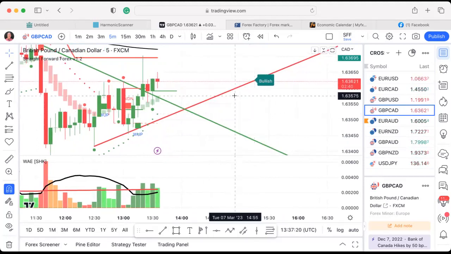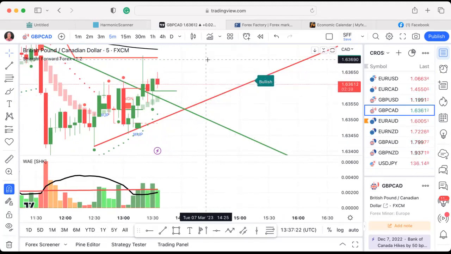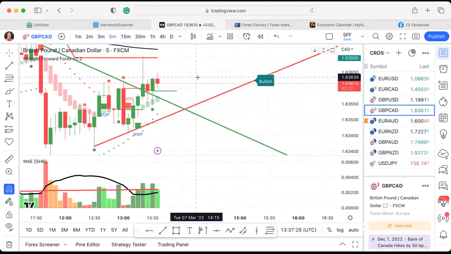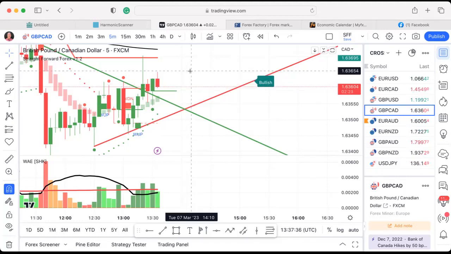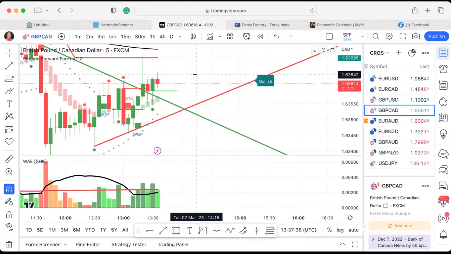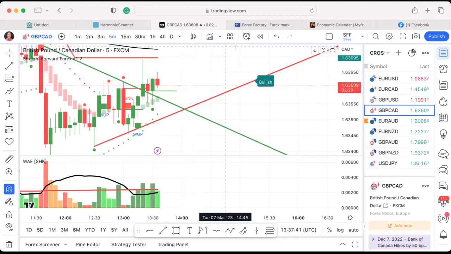I do mine manually, and I'm able to do that because I'm only looking at 4 pairs, and it's easy to remember what the lot size should be. I've actually got them written down here, and I just look over and see what my lot size should be depending on the number of pips. So whilst we're waiting for something to happen, I'm going to go through that.